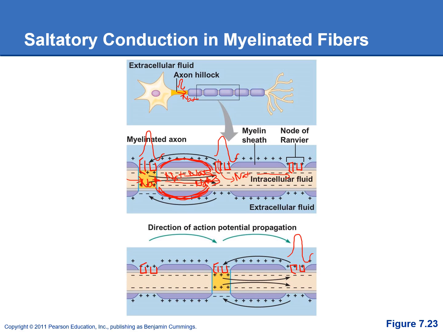So we just create action potentials only at these nodes of Ranvier, because that's the only place where these voltage-gated sodium and potassium channels are. And that's really different from the axons that don't have a myelin sheath, because the ones that don't have a myelin sheath, you have to create an action potential all the way down the whole length of the axon.